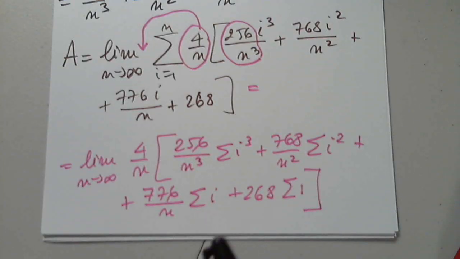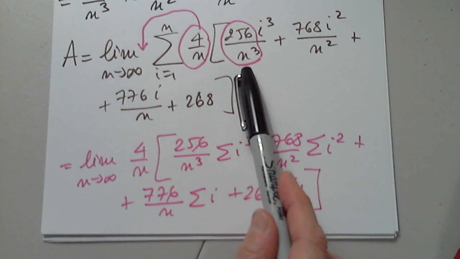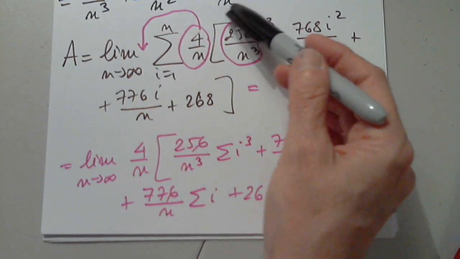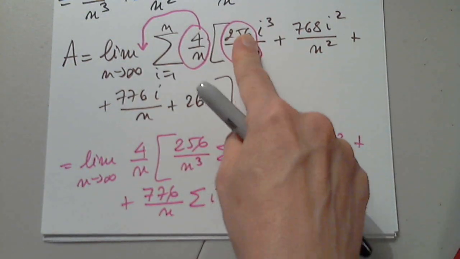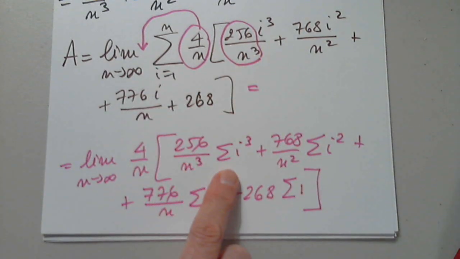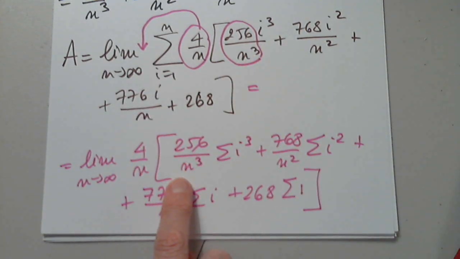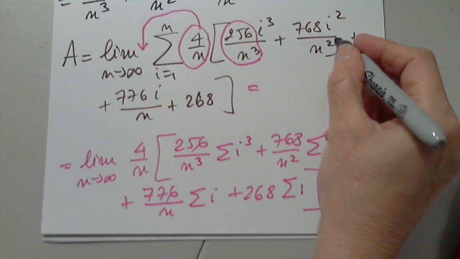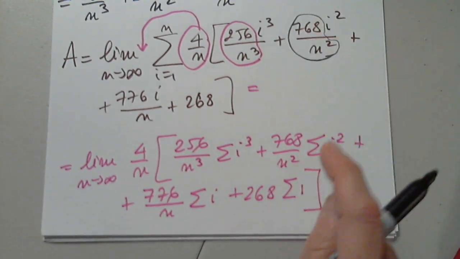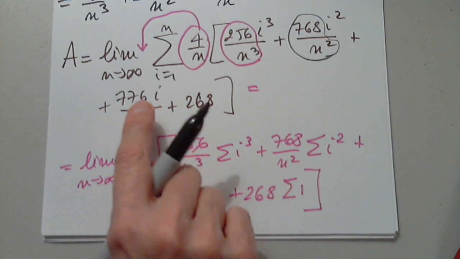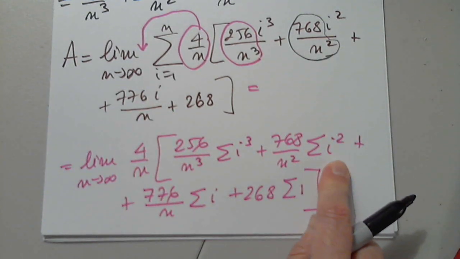Awesome. Then I apply the sum to this term, and this is the constant that now goes in front of the summation notation. When I apply the sum to the next term, this is a constant. It goes outside, and I have the sum of i squared.